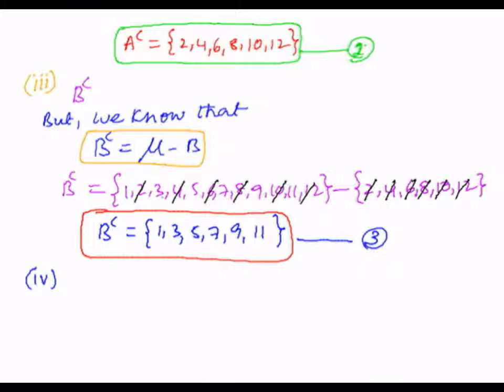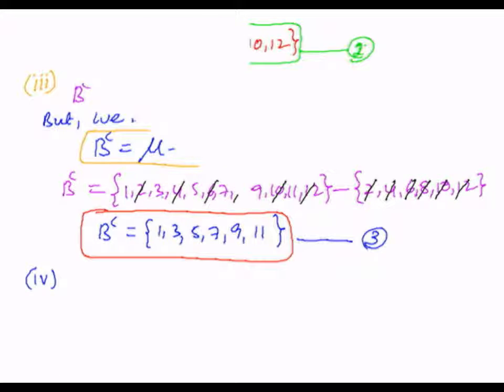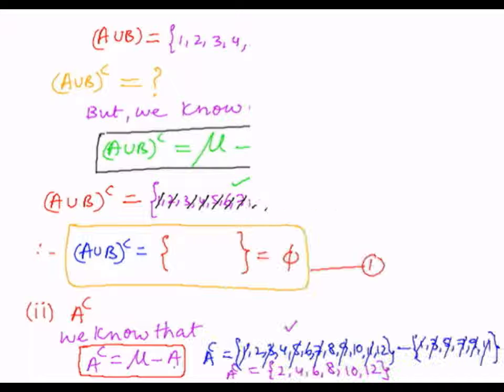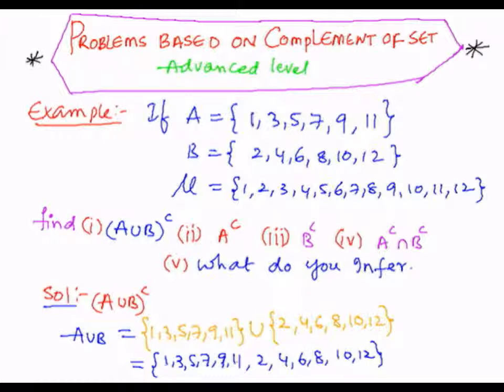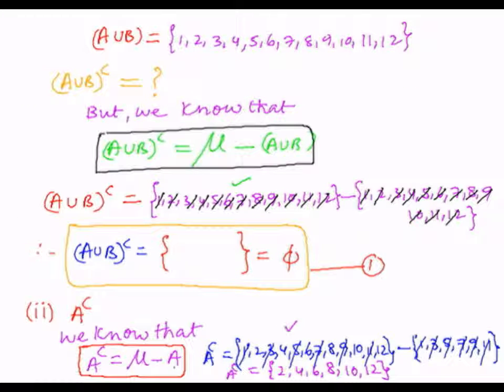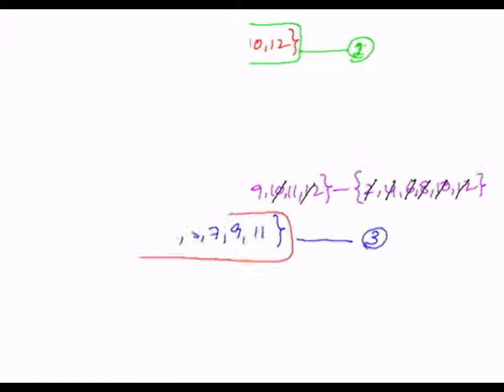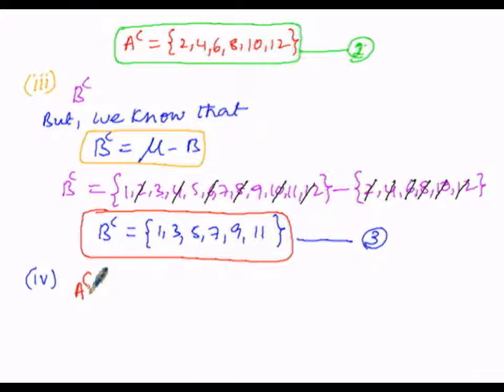Under the fourth one, we have to find out A complement intersection B complement.